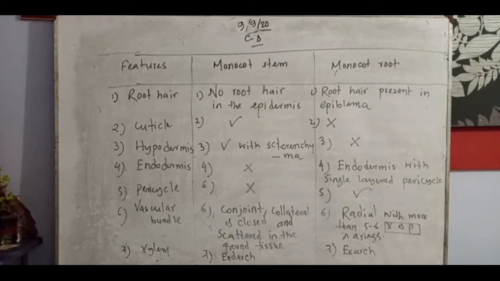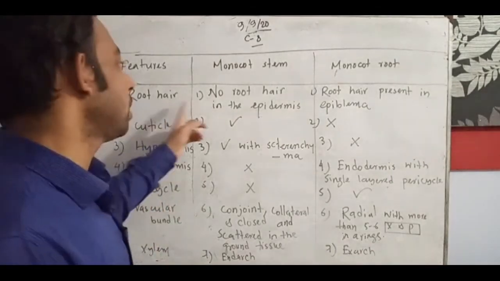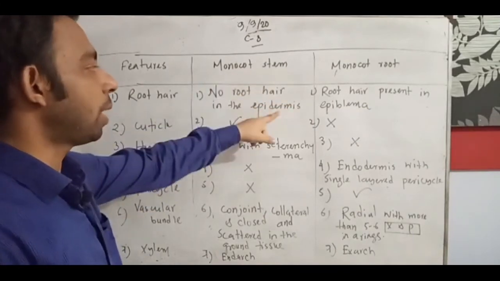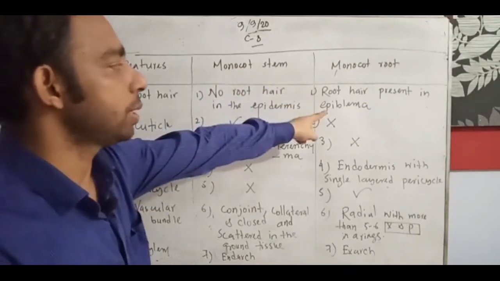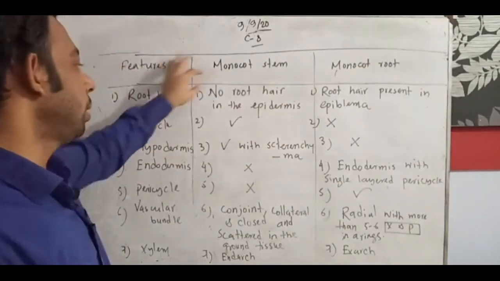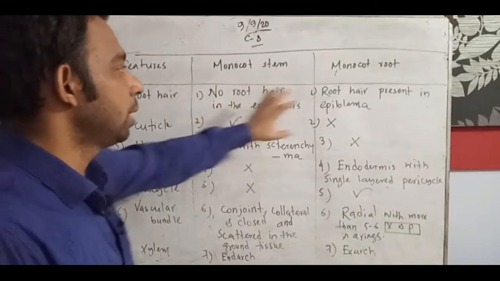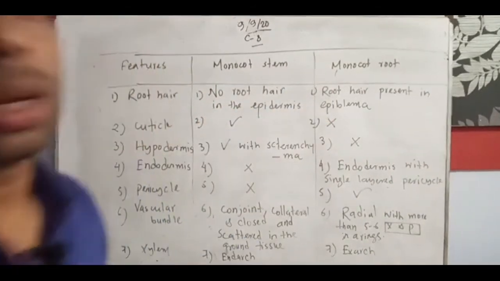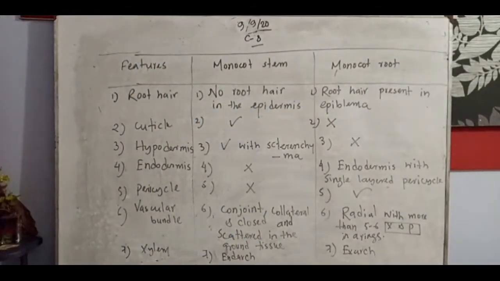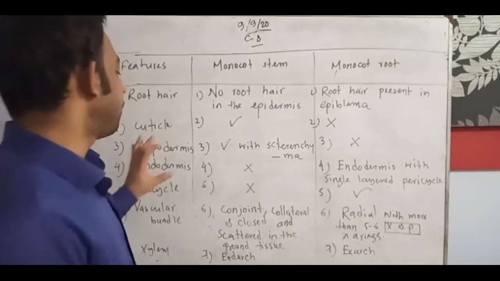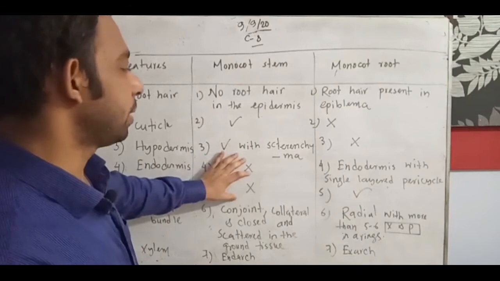What I tell you is to remember all the parts: root hair, no root hair. In the case of the stem, the outer part is the epidermis, and in the root the outer part is the epiblema. Cuticle and hypodermis are both present in the stem and both absent in the root, and hypodermis is always with sclerenchyma tissue. Endodermis and pericycle are both absent in the stem.